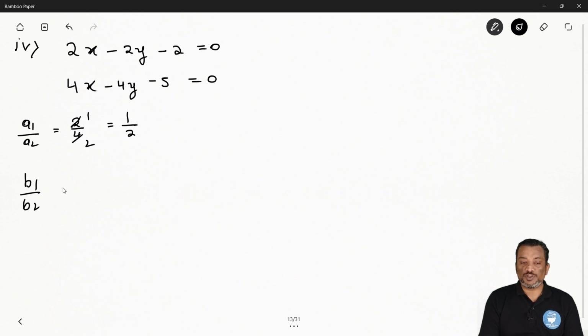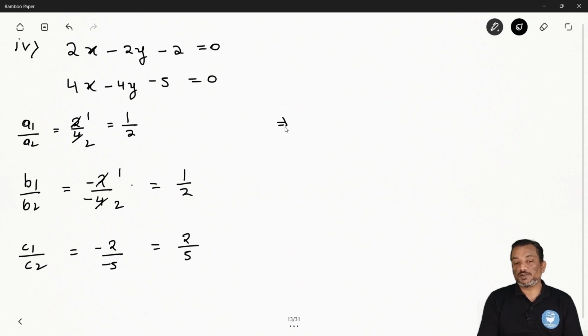You will get minus 2 over minus 4. So again common, 1 and 2, and negatives cancel, so 1 over 2. And the last one, c1 over c2. You will get minus 2 over minus 5. The negatives cancel, so you will get 2 over 5.